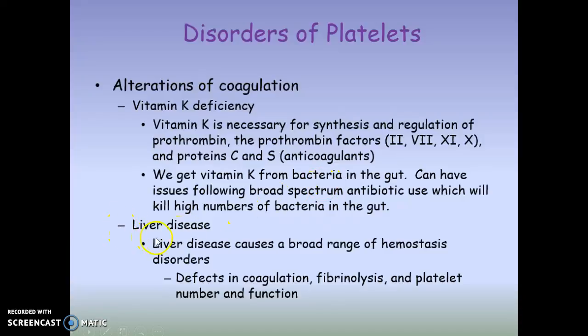All right, then liver disease. Liver disease causes a broad range of hemostasis disorders, be it defect in coagulation, fibrinolysis, platelet number and function. Liver disease prevents the normal synthesis of clotting factors and increases fibrinolytic activity. In addition, liver disease may cause thrombocytopenia and alterations in platelet function.